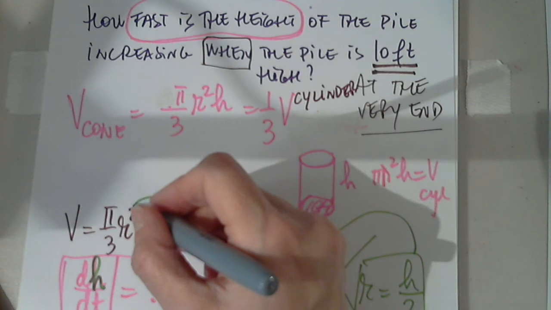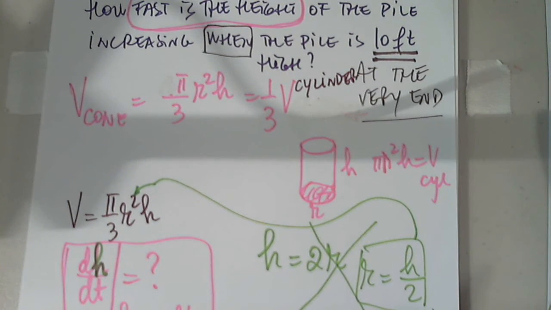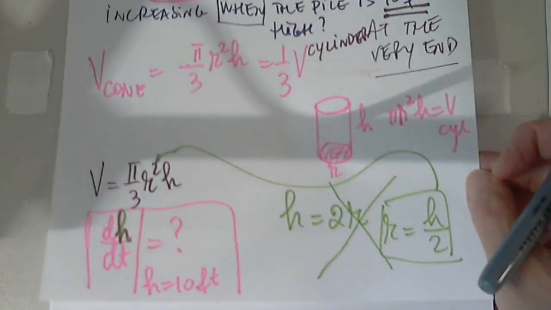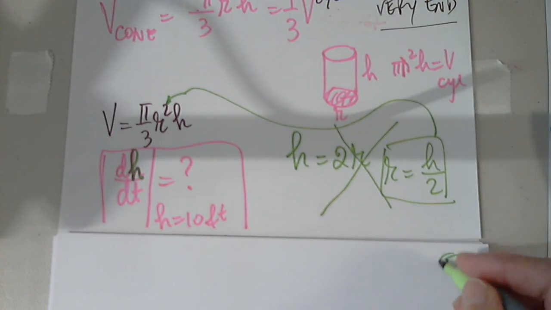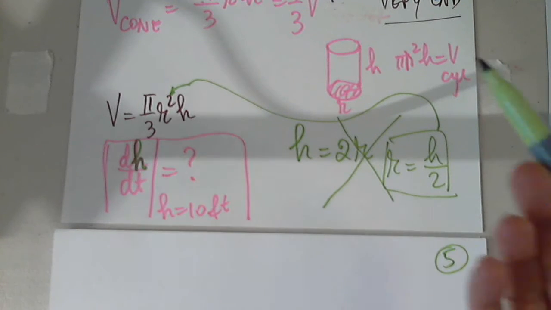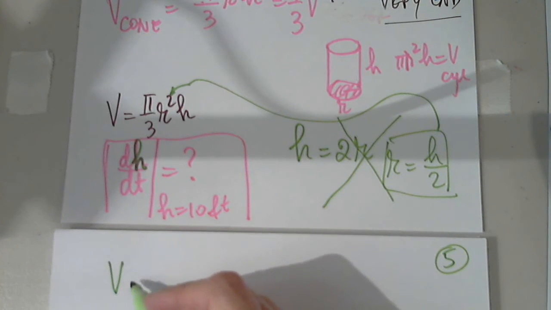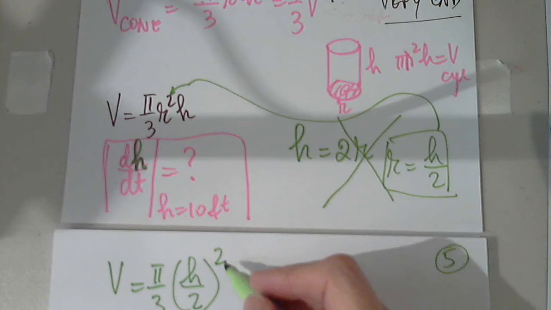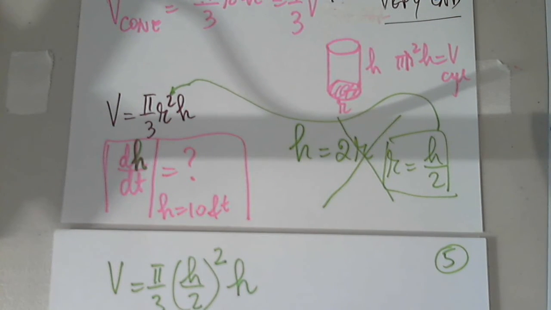Replace the radius by the height over 2, because that's fixed in the problem. So V equals pi over 3 times h over 2, everything squared, multiplied by the height. This is our volume. It's a function of time. The height is a function of time. So here we have two functions of time.